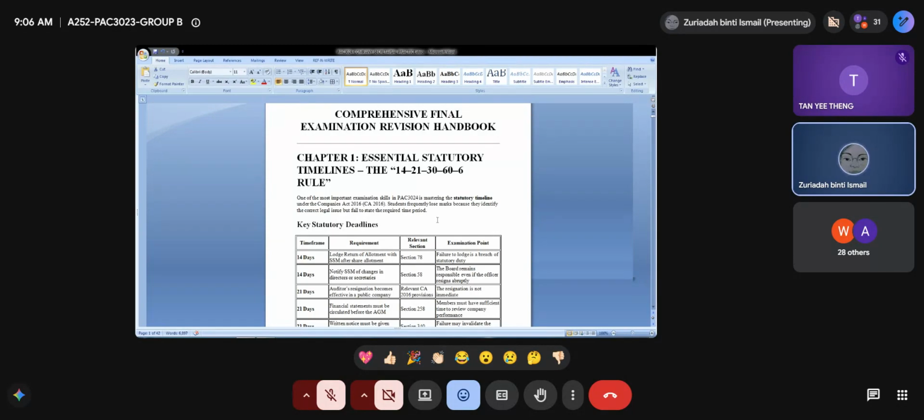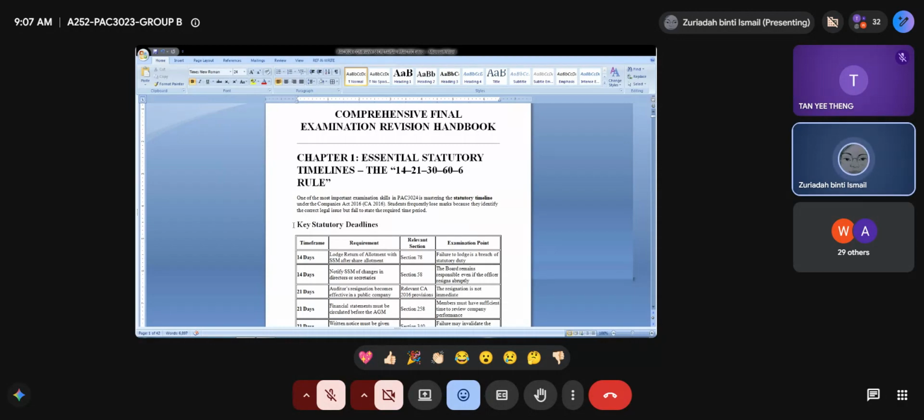In order to avoid losing marks, apart from identifying the correct legal issue, if the question asks you about submission of the necessary or statutory documents, you have to apply the 14, 21, 30, 60 rule.